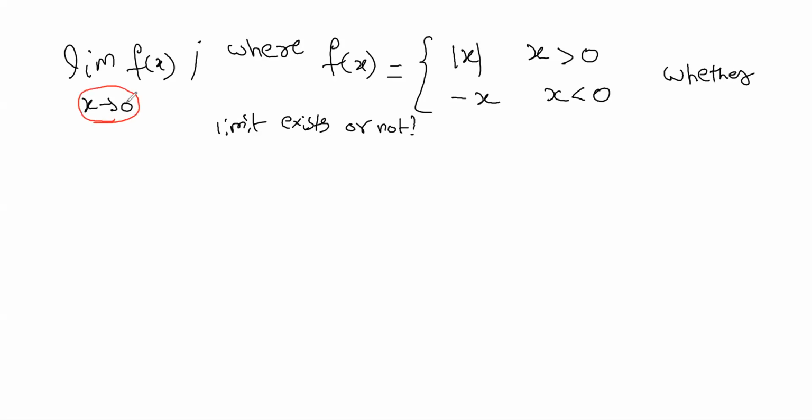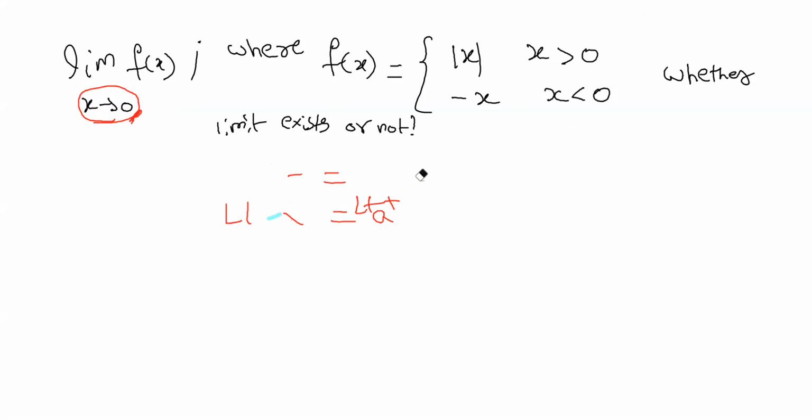So you have to find whether the limit exists at x equal to 0. For the limit to exist, LHL should be equal to RHL, that is, the limit from the minus side should be equal to the limit from the plus side.